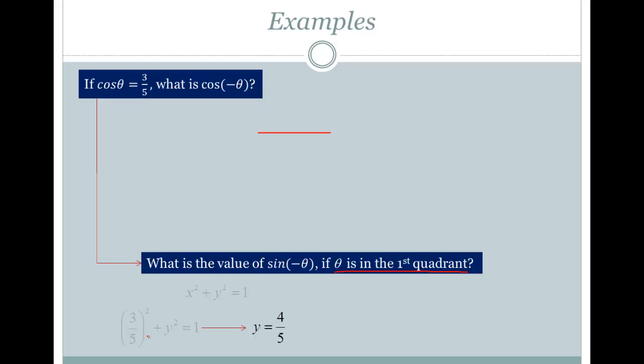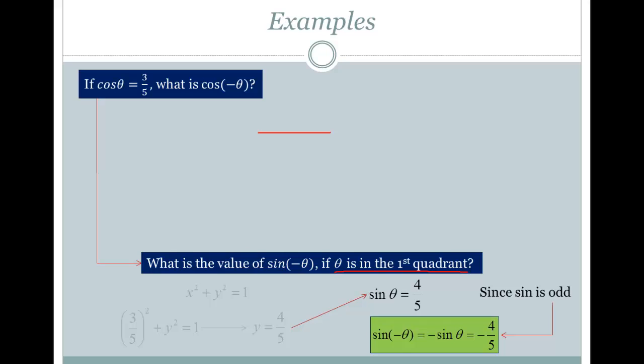You could solve this equation out and get that it's going to be 4/5. And that means that the sine of theta is 4/5. All right. And now what I want to do is make use of the fact that sine is odd. So if sine of theta is 4/5, sine of negative theta is negative sine of theta. This is the fact that it's odd, and that'll give us negative 4/5. Okay?